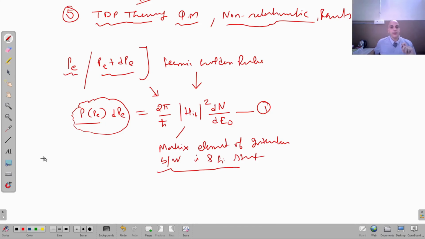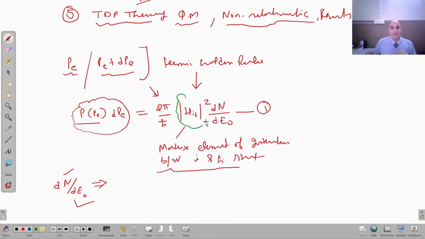It tells us about the number of quantum mechanical states, dn, available for the final system per unit energy interval, dE naught. So we can say it represents the density of the final states, the number of allowed energy states per unit energy interval, right?